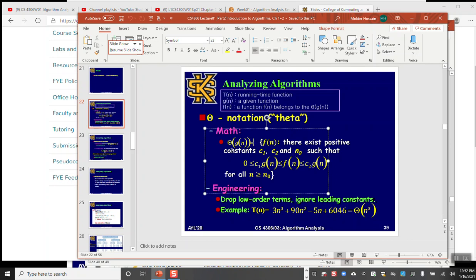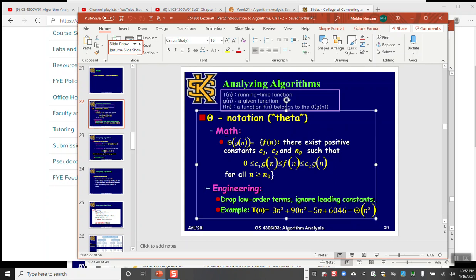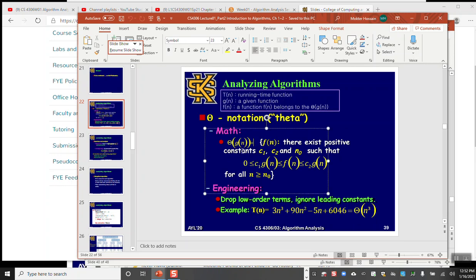In mathematical terms, we say theta notation in algorithm analysis. For instance, theta is considered as a function g(n) of f(n), where f(n) is a function.